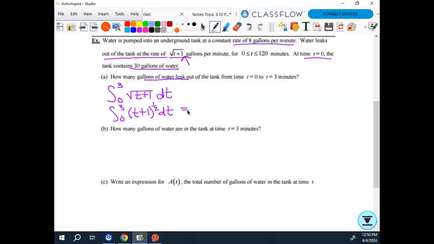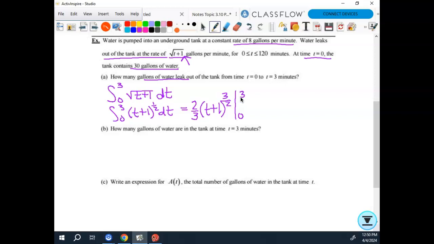No. If you understand u substitution, you can understand that you don't have to here because it's just t plus 1, and I would just get du, and we're fine, right? All right, so I'm going to add 1 to the exponent. So this actually gives me t plus 1 to the what power? 3/2. And then I divide by 3/2, which is the same as multiplying by 2/3, right? And then I'm going to evaluate it from 0 to 3.